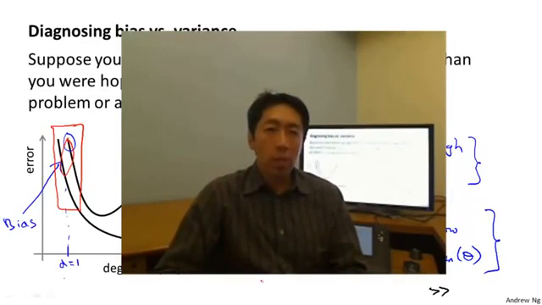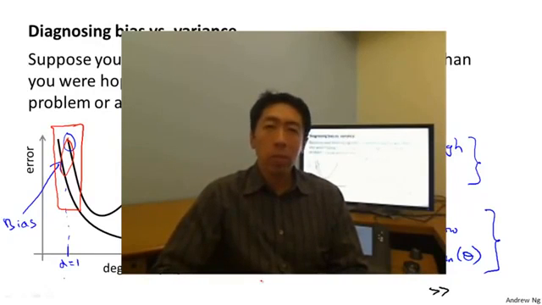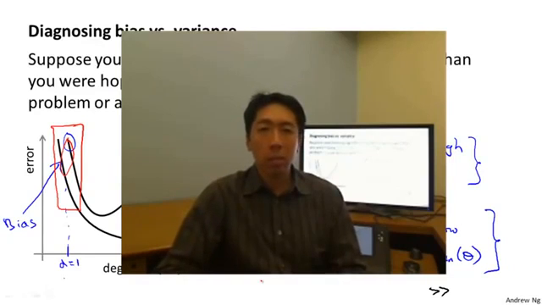I still have a lot more to say about bias and variance in the next few videos, and I'll show you even more details on how to diagnose this. But we'll see that by figuring out whether a learning algorithm may be suffering from high bias or high variance, or a combination of both, that would give us much better guidance for what might be promising things to try in order to improve the performance of a learning algorithm.